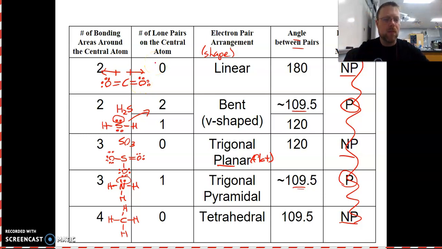Now, contrast that to, say, the H2S molecule here. If this were an S in the middle and these were 2 hydrogen atoms on the ends here, then those hydrogen atoms would not be able to pull electrons as well as the sulfur that's in the middle. So the sulfur is pulling electrons better than the hydrogens. Now, if that was straight across, then you would end up in the same scenario as before, and this would be nonpolar.